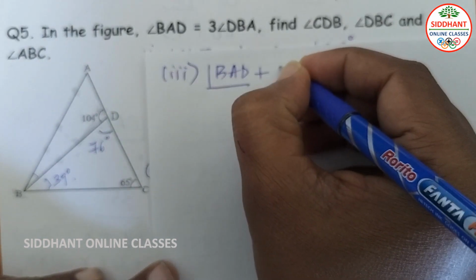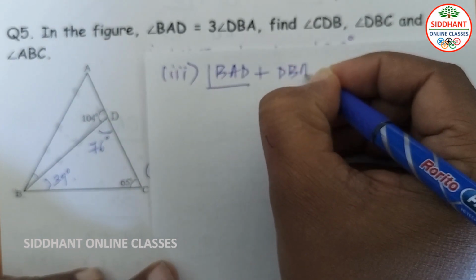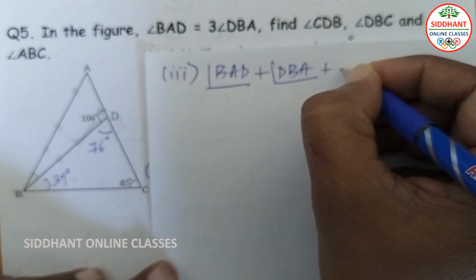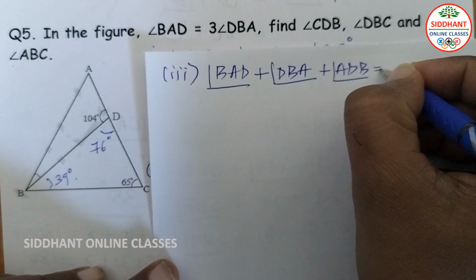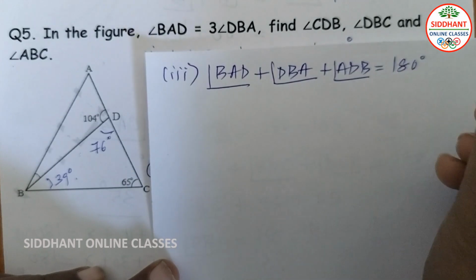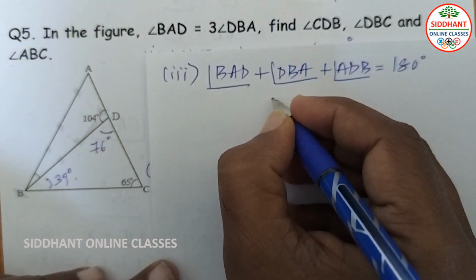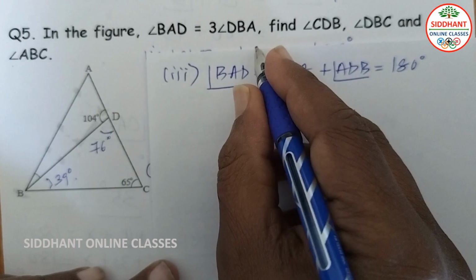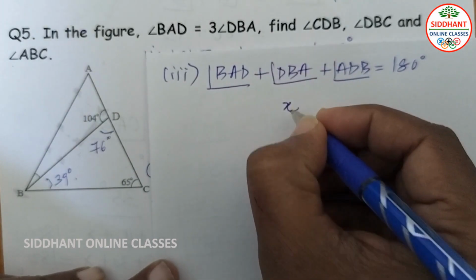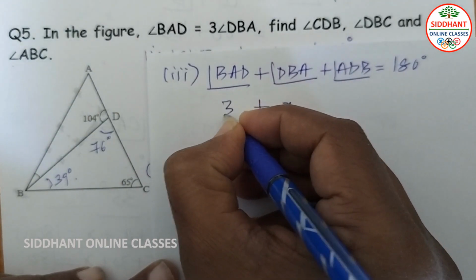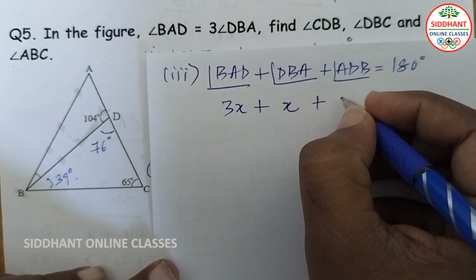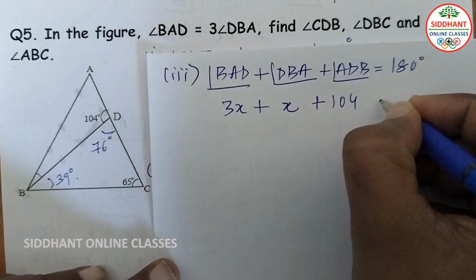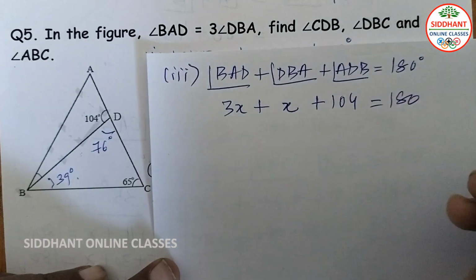So third one we are going to see angle BAD plus DBA plus ADB equal to 180 degrees. So the condition is given, let DBA is x, then BAD will be 3x, then ADB is given 104, that equal to 180 here.